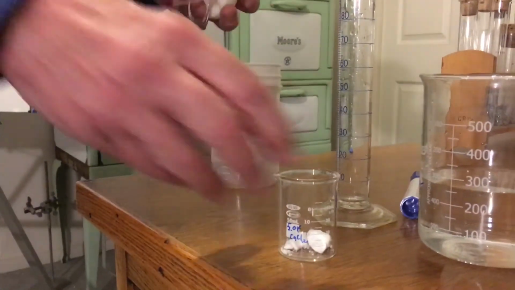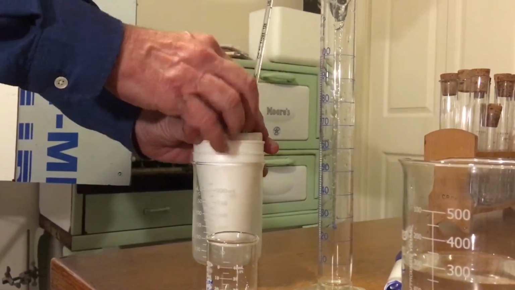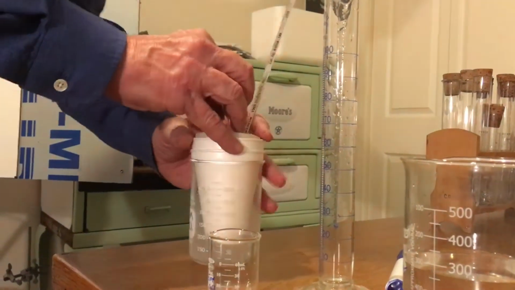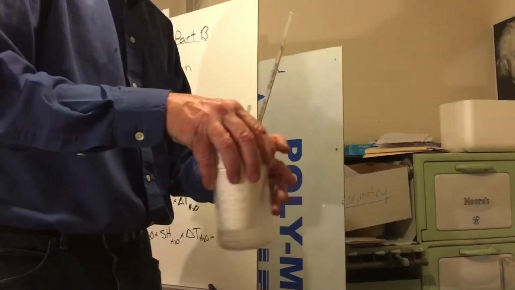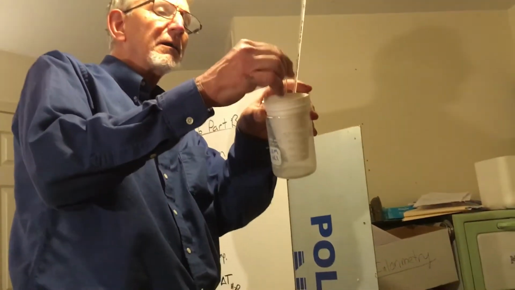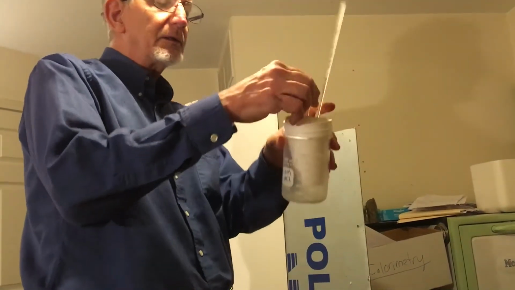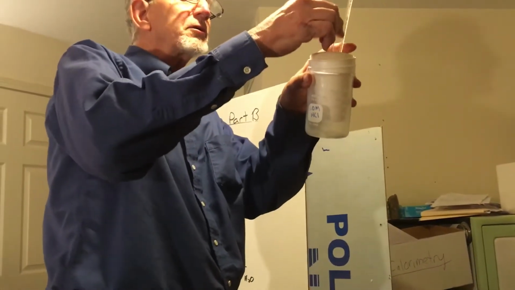And as soon as I add it, boom, I'm going to put the top on and then start stirring. And what's the temperature doing here? And the temperature is rising.